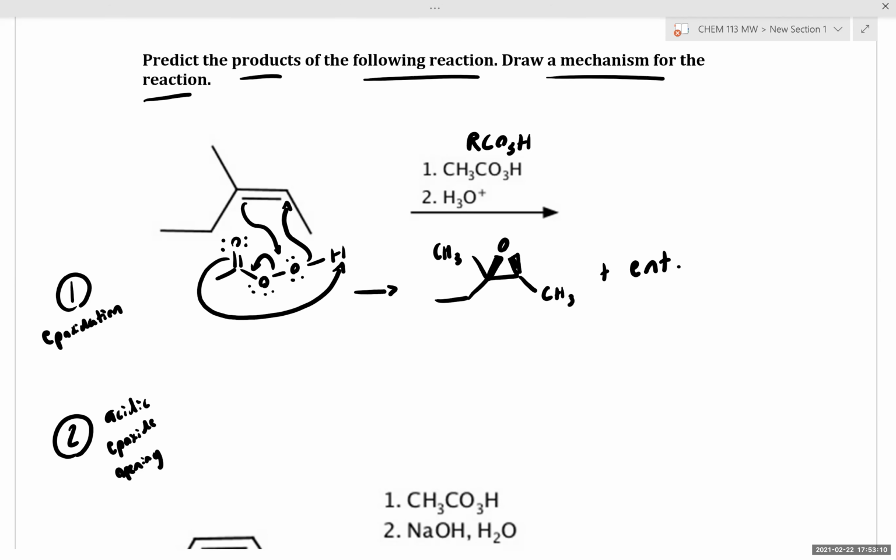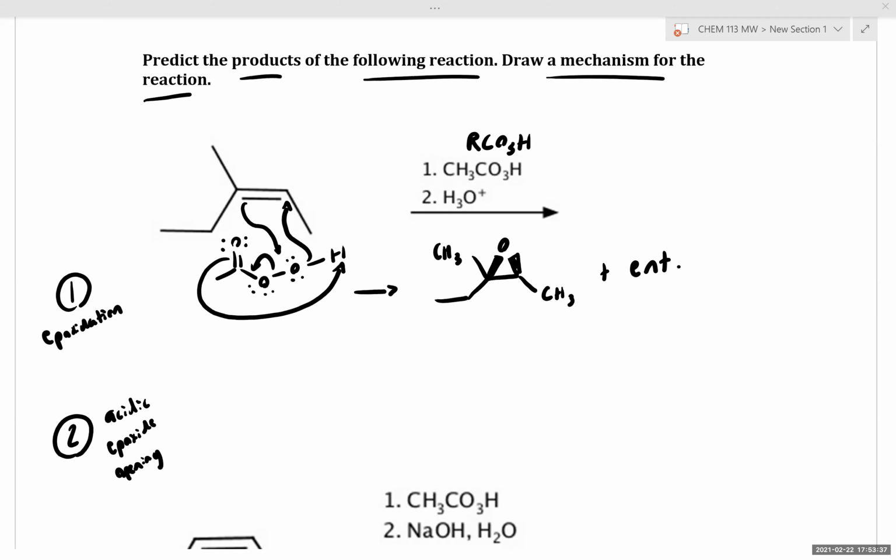So let's break out the annotate tool once again, and let's try to share our responses in the chat or verbally. What do we think will happen if we take our epoxide from step 1 and we treat it with acid catalyzed epoxide opening conditions? And I would welcome you to comment in the chat what kind of regiochemistry we would see and what kind of stereochemistry we would see.